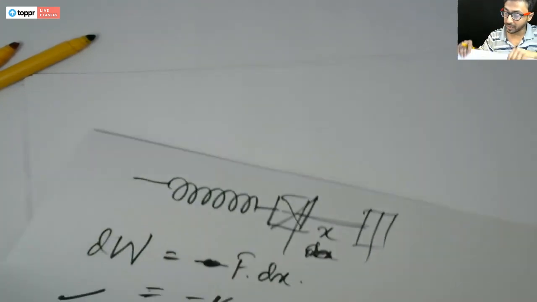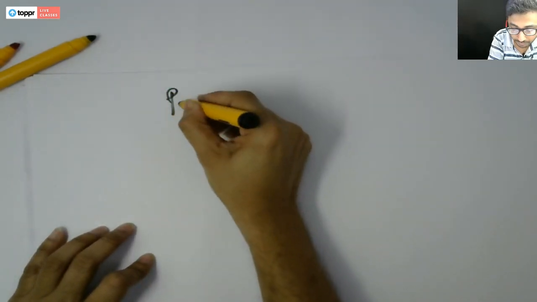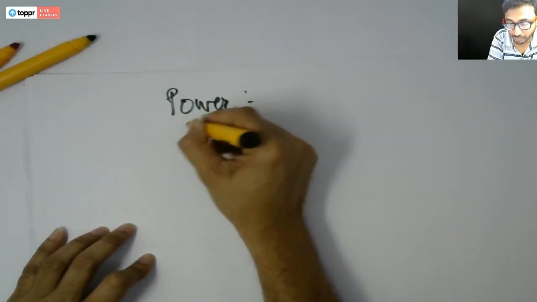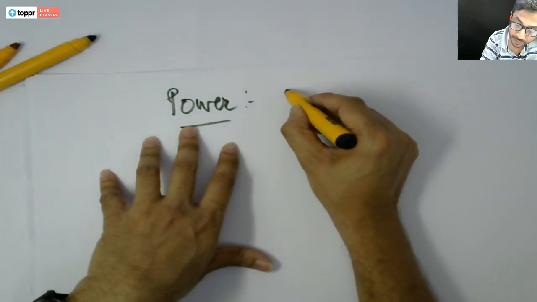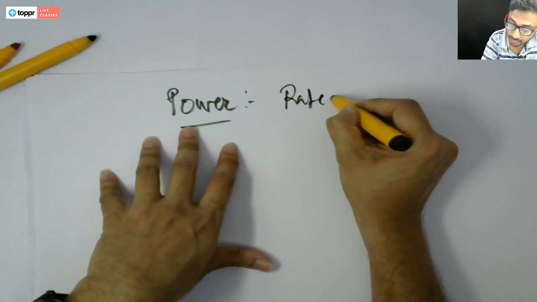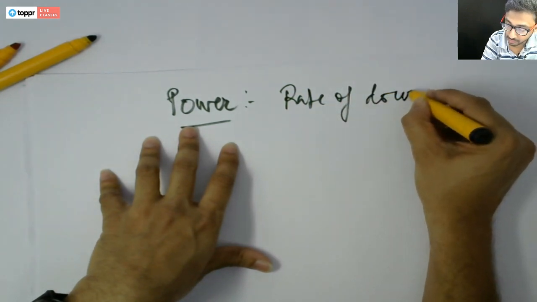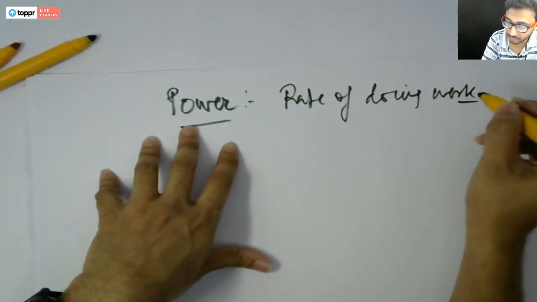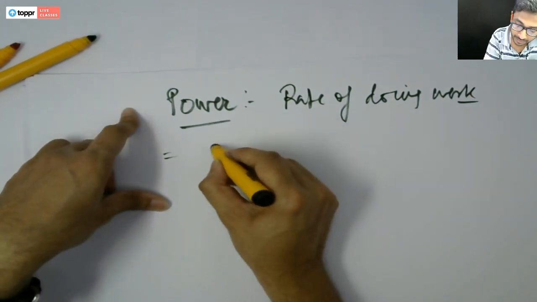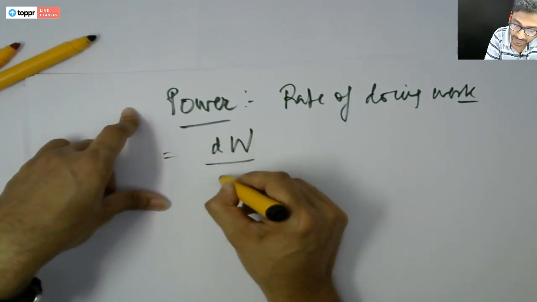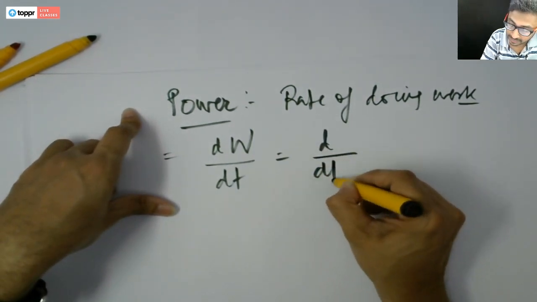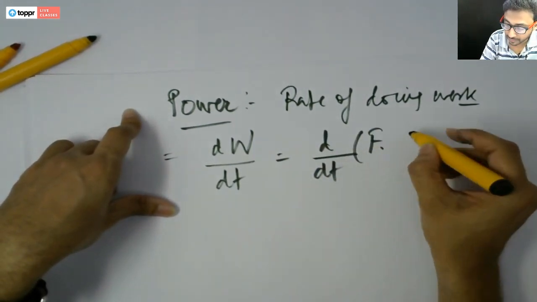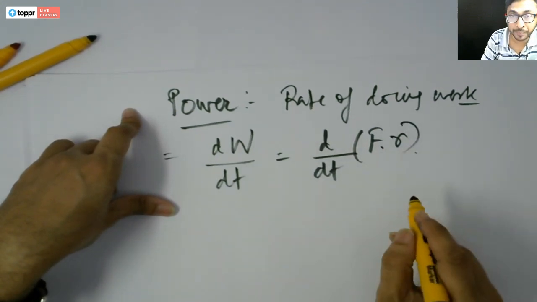Now let us come to the last topic, which is power. Power, you know, it is nothing but the rate of doing work, that is dW by dt in terms of calculus. So it is d by dt of F dot r.